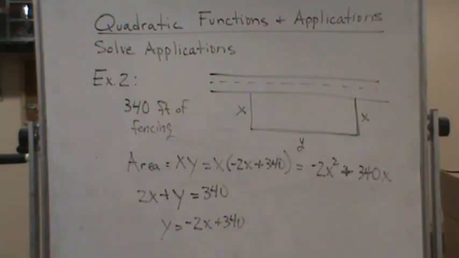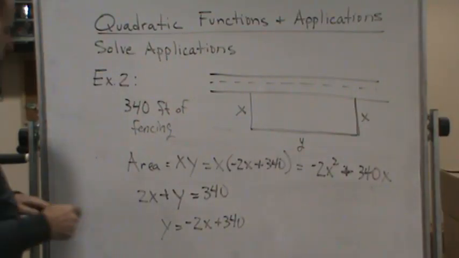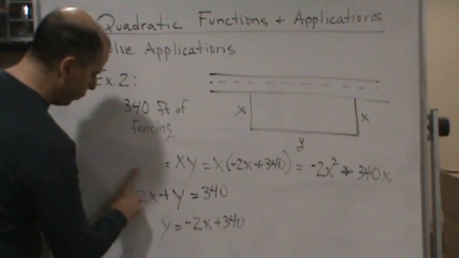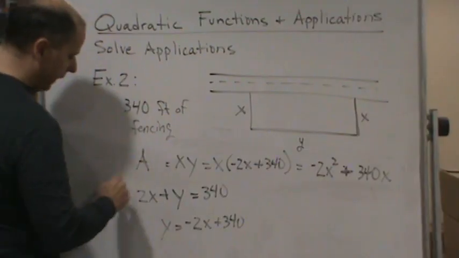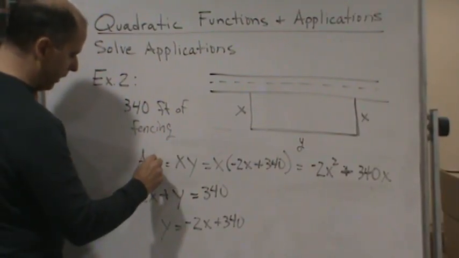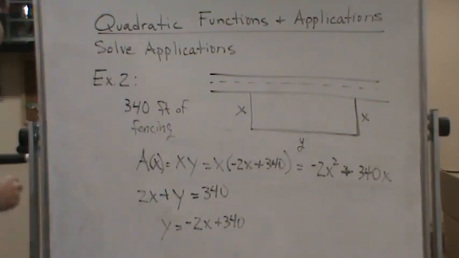Now we have our area, which I'll represent as a function, capital A for area, as a function of the length x. Now we can solve this to maximize the area.